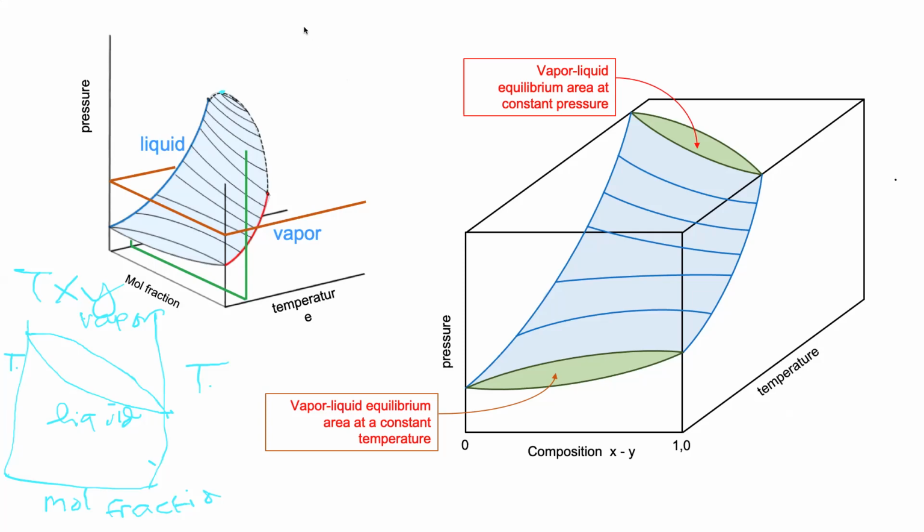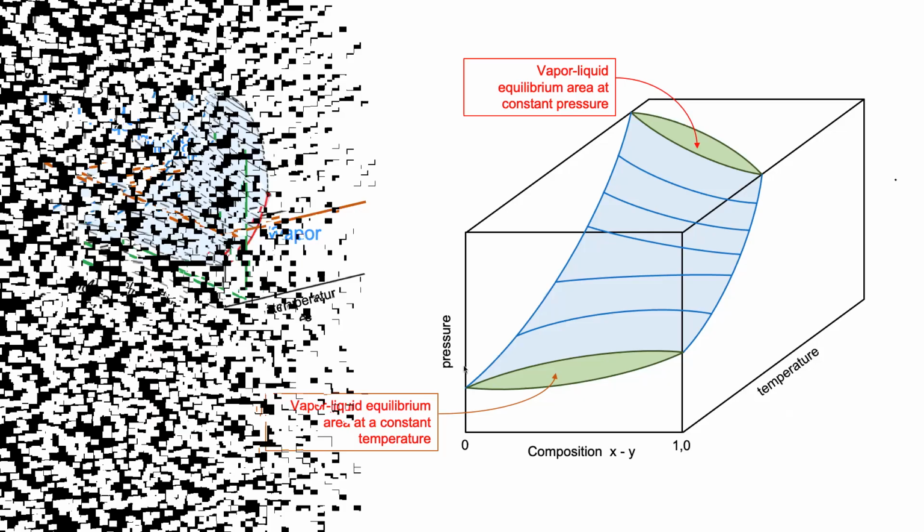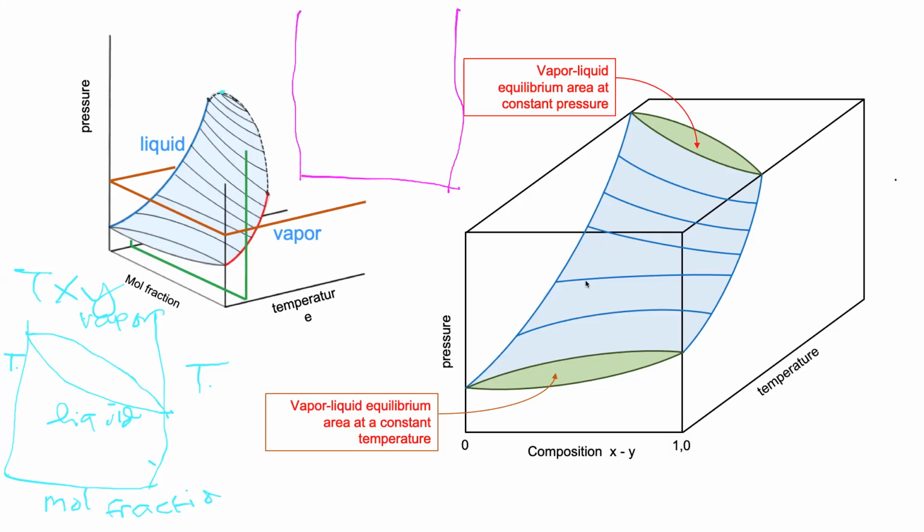If I cut it at a low pressure, it goes from 0 to 1, the composition, and I also have a quite big envelope.